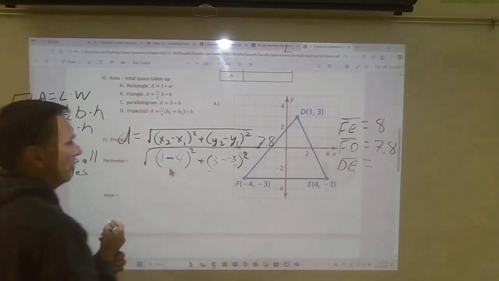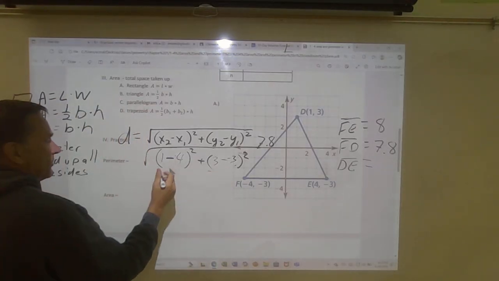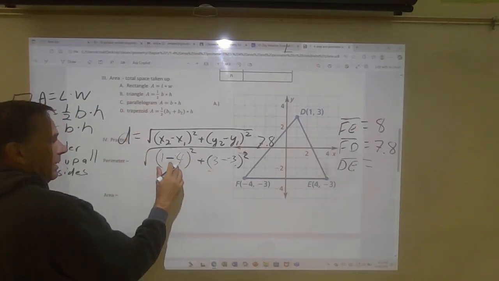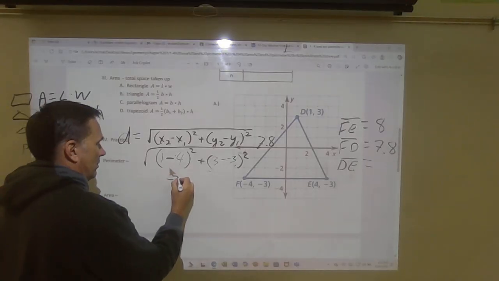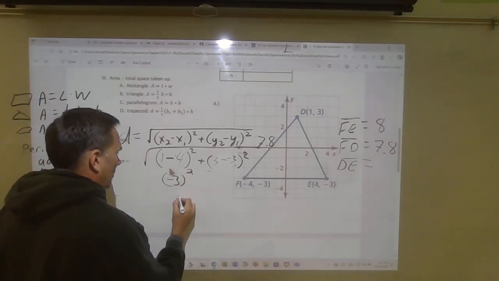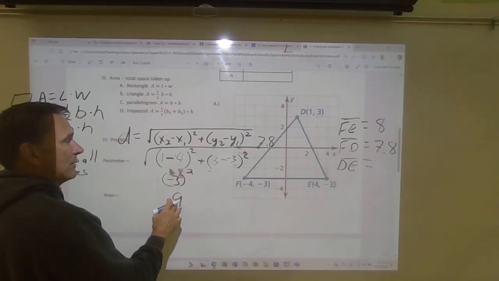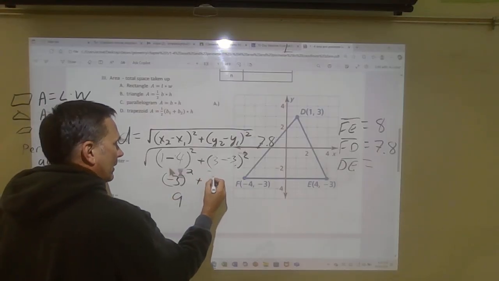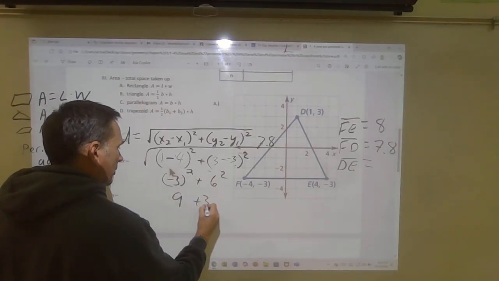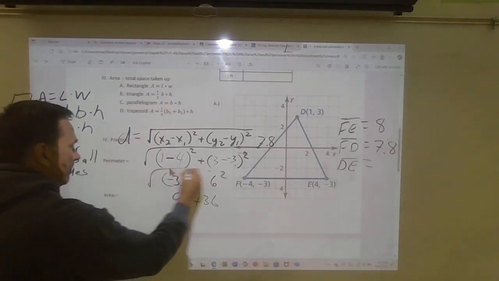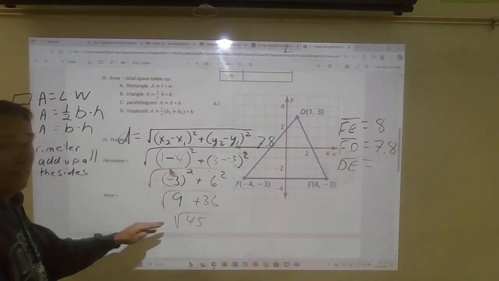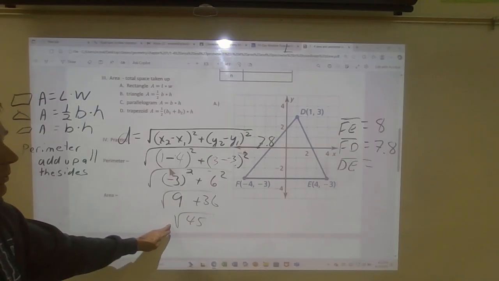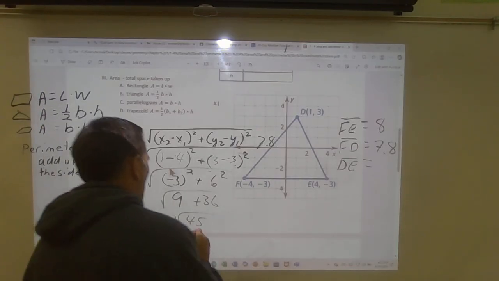Same thing as what we had before. 1 minus 3 is negative 3. We could square it, we get 9. Okay, this should always be a positive number. Here we get 6 squared, which is 36. When we take the square root of 45 now with our calculator, we will get an answer of 6.7.